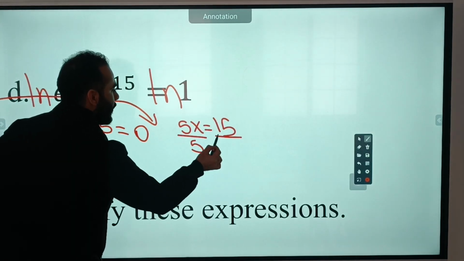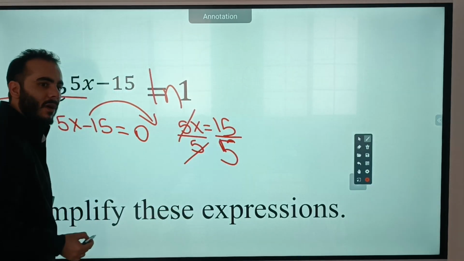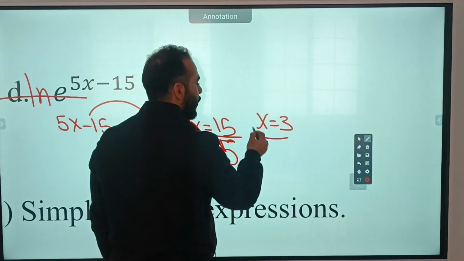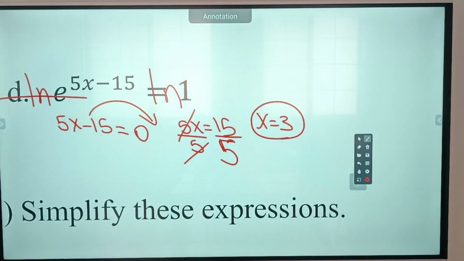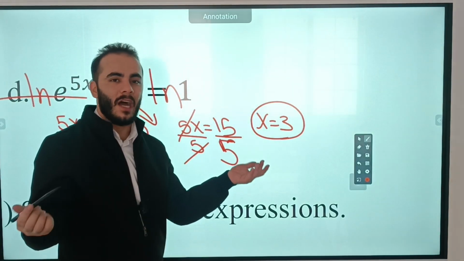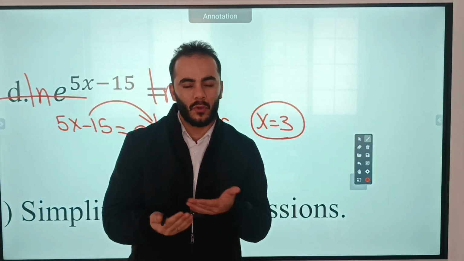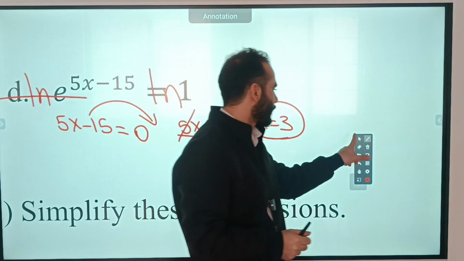Divided by 5, divided by 5. This 5 is going to cancel this one. 15 over 5. x equals? Noor is saying 4, but in fact it's 3. Okay, don't listen to Noor. Perfect. That was about how to solve equations, some important questions regarding logarithms and ln, of course.